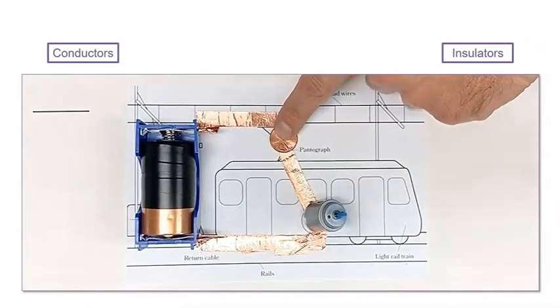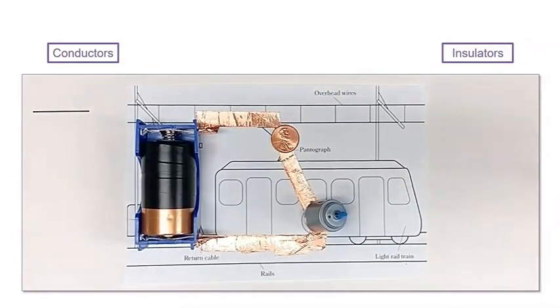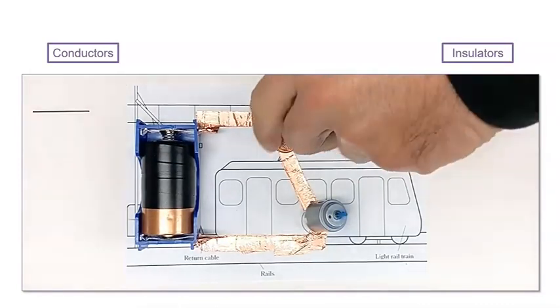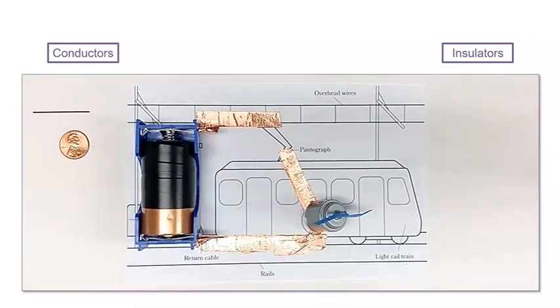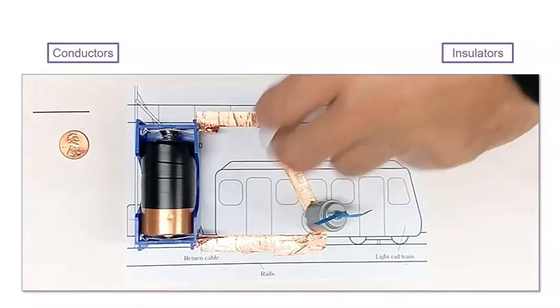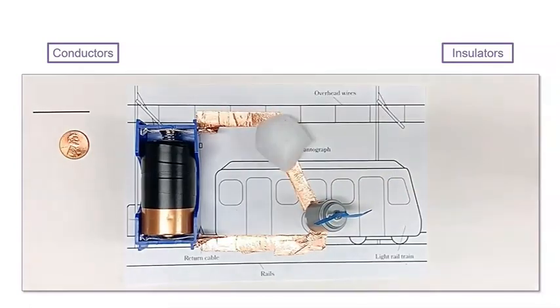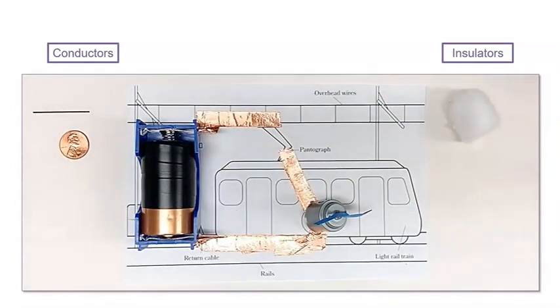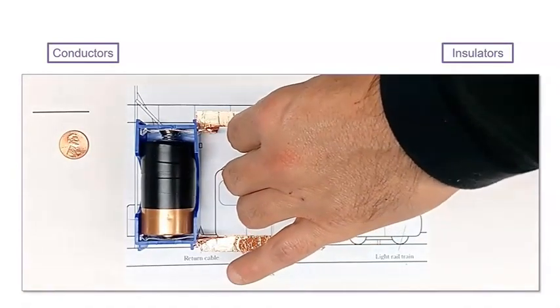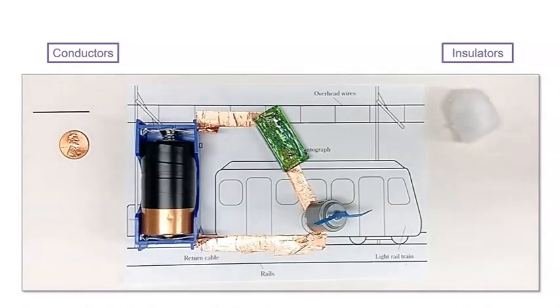Now, the copper penny. What's next? Oh, the cotton ball. It's made of cotton, right? Now we have a towel that's made of glass.